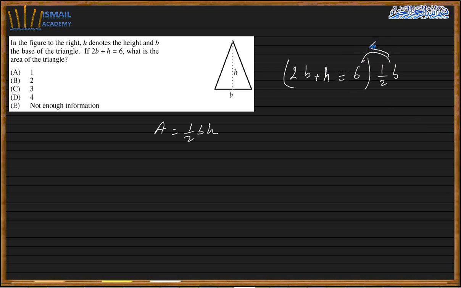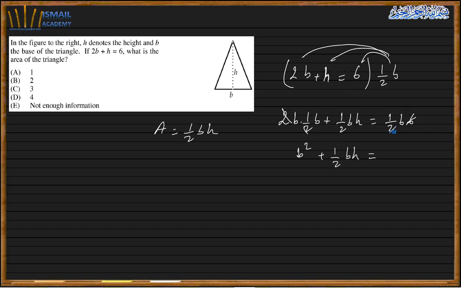If I multiply each term by this, I will have 2b times half b plus half b times h equal half b times 6. So if I cancel this, I get b squared plus half b h, which is the area, equal 3b.